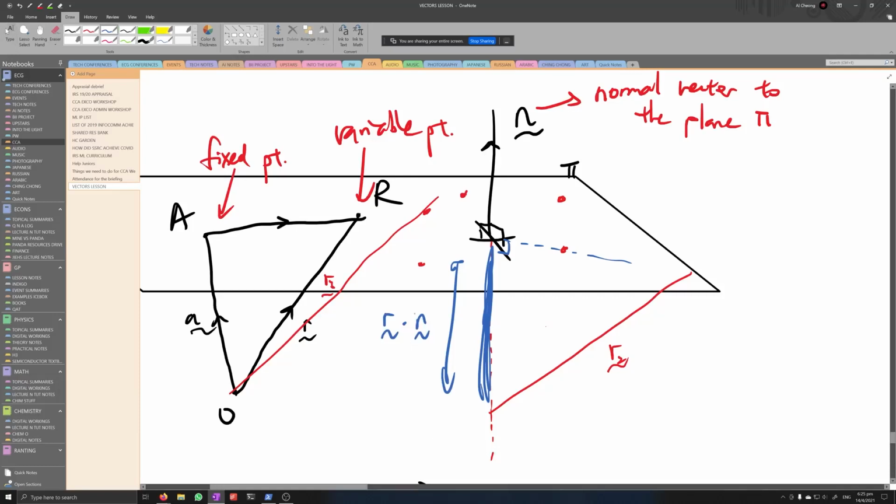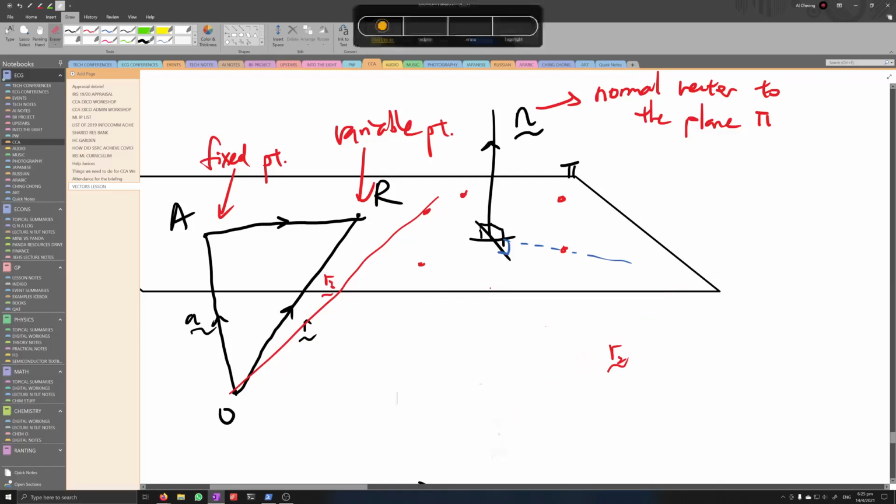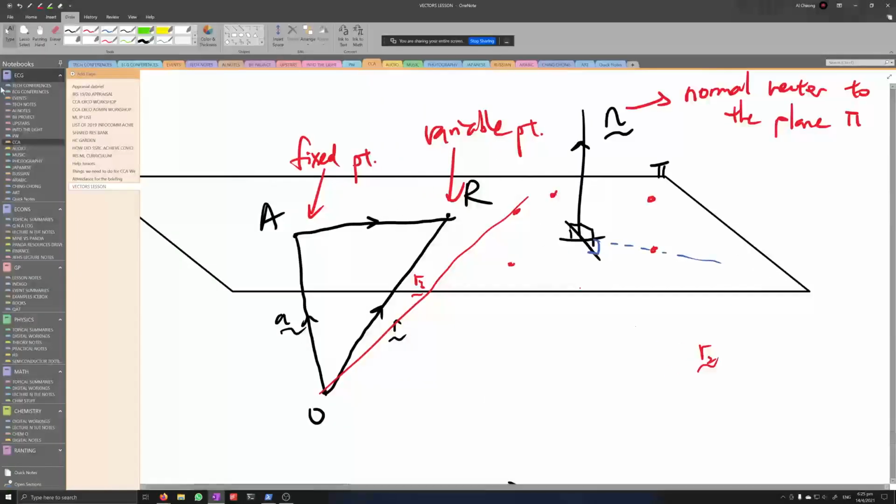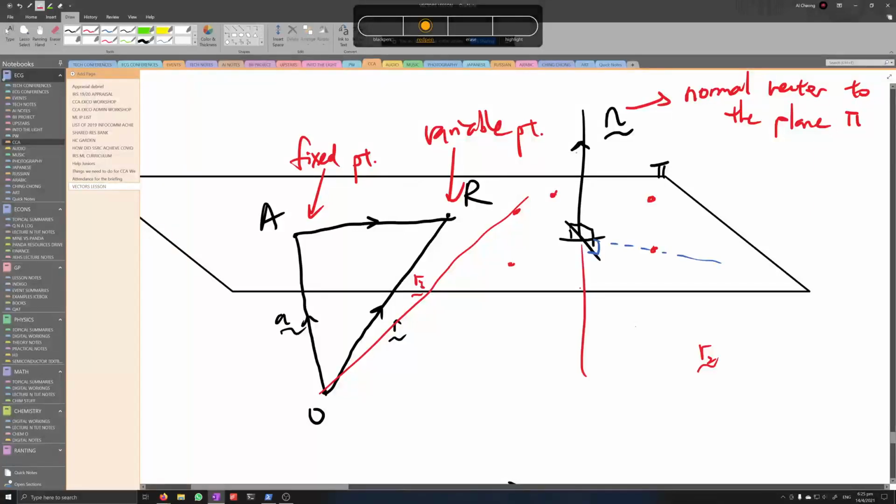And if we set it to a constant d, it means that we must find the collection of all the possible vectors such that when you drop a right angle triangle and project it onto the normal vector, it will always give you the same distance. So if you think about it, this gives you the collection of all the possible points that maintain the same vertical distance when projected onto the axis of the normal, and that draws out the shape of the plane.